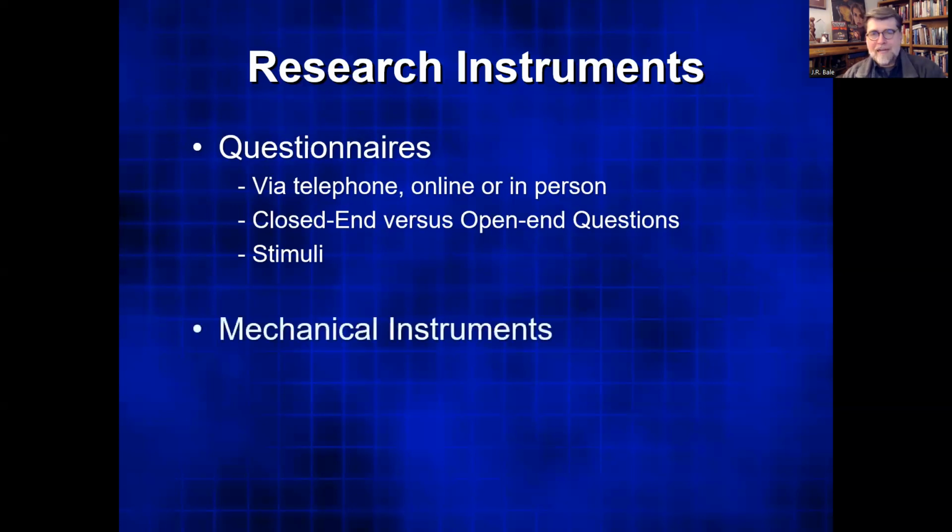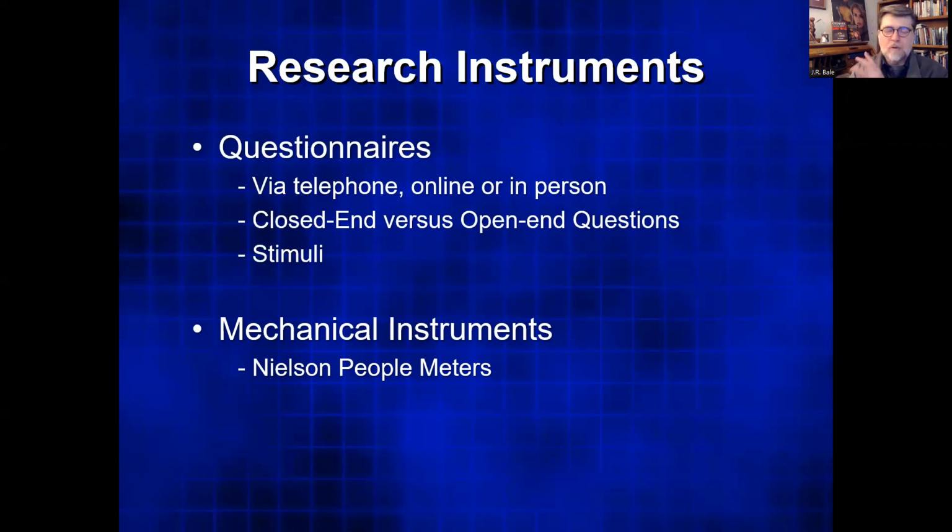So there are some mechanical instruments available to us. The Nielsen people meters, I don't know exactly what they're using anymore. I think they've changed their methodology since we've become more digital. But the AC Nielsen company has been famous for delivering data on the ratings of television shows, on what people watch.